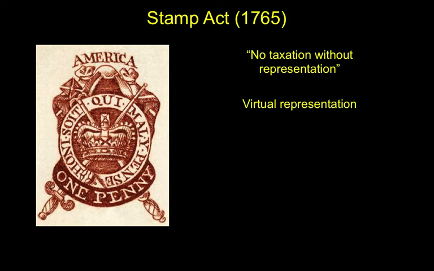Under the doctrine of virtual representation, Parliament claimed that all MPs, or members of Parliament, represented all subjects of the Crown, including American colonists. However, Stamp Act opponents rejected this notion of representation because they had not voted for any MP.